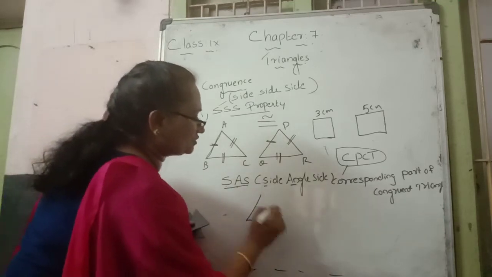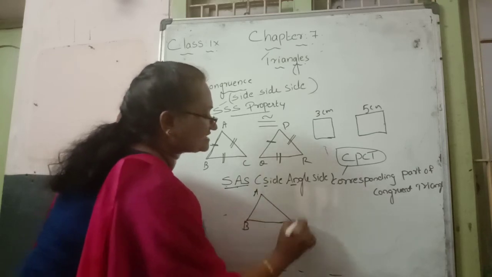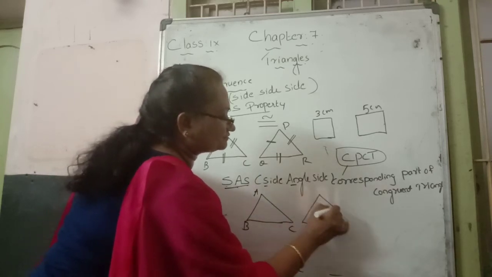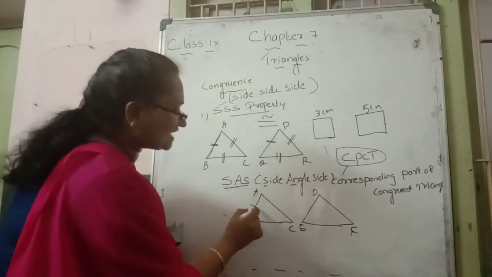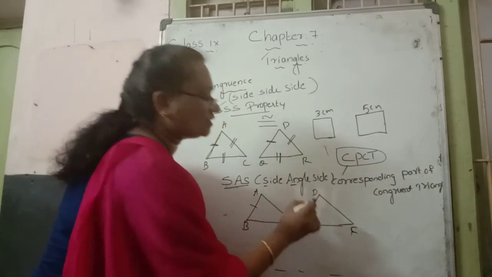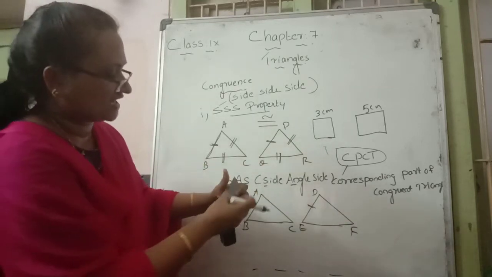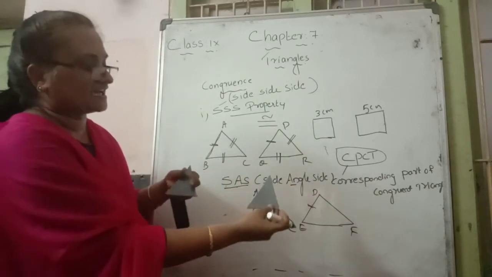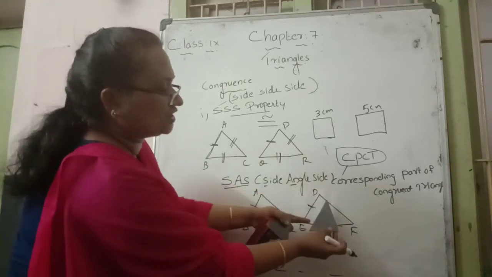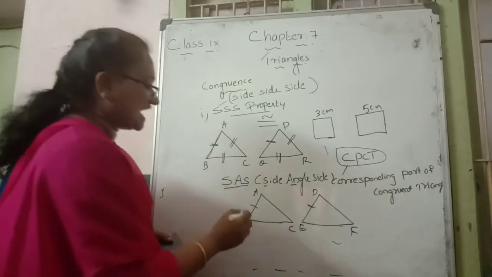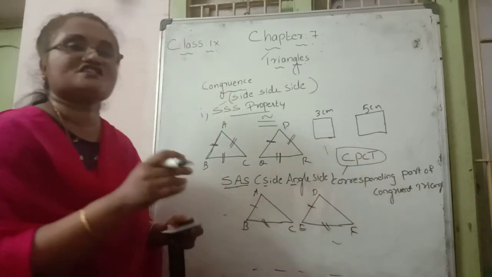For example, here I will also draw that one. Here the ABC triangle is there, and here I mark the DEF triangle. Side AB of the first triangle is equal to which corresponding side? AB's corresponding side is DE. This is our ABC triangle and the second one is the DEF triangle. Side AB of the first triangle is equal to side DE of the second triangle, and side BC of the first triangle is equal to side EF of the second triangle.